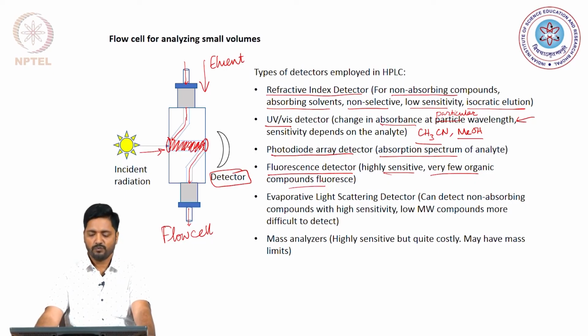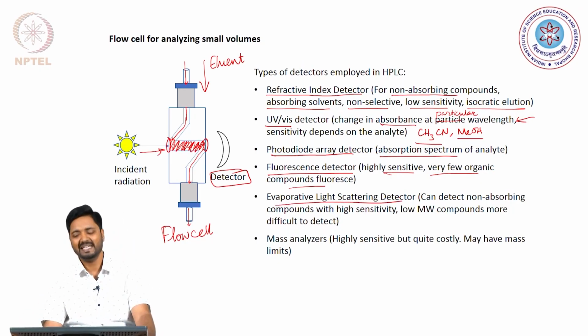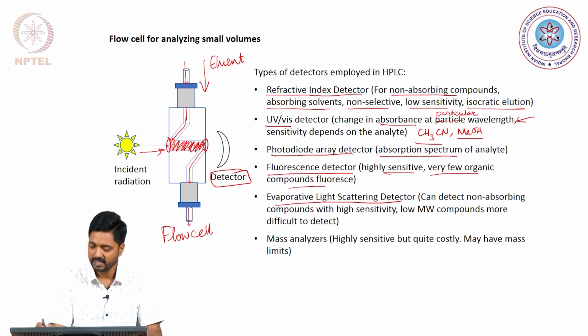A sort of different principle detector is the evaporative light scattering detector or ELSD, which has the advantage that it can detect non-absorbing compounds with very high sensitivity.